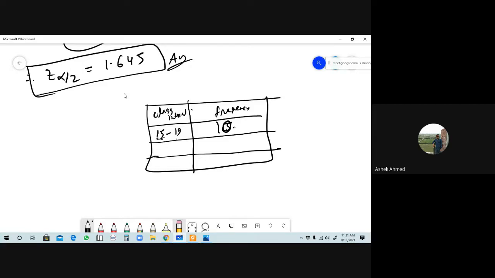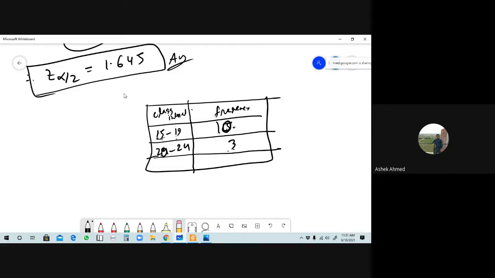That will be called frequency. The next interval is 20 to 24. If this value is 3, this represents that there are 3 numbers that lie between 20 and 24.